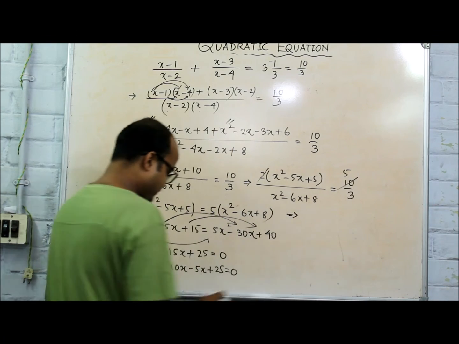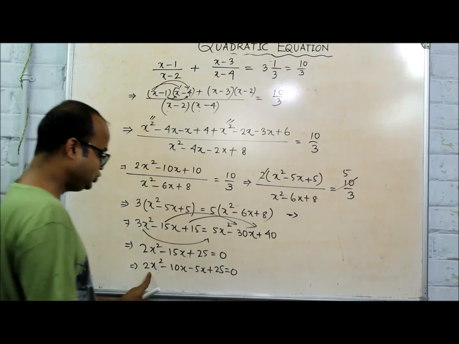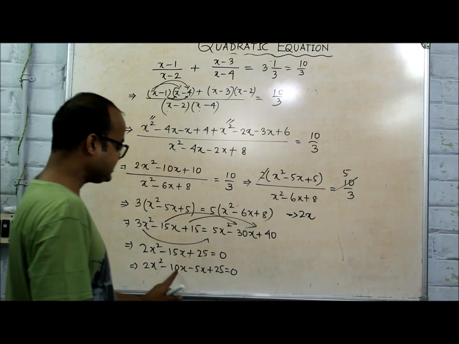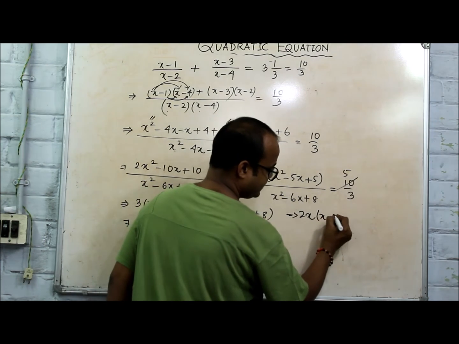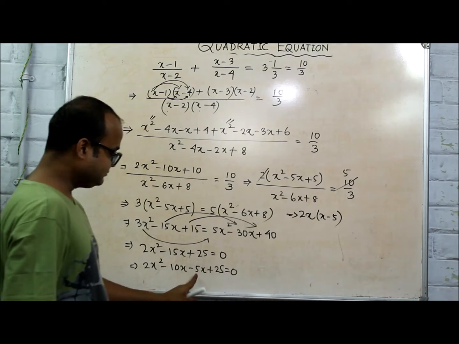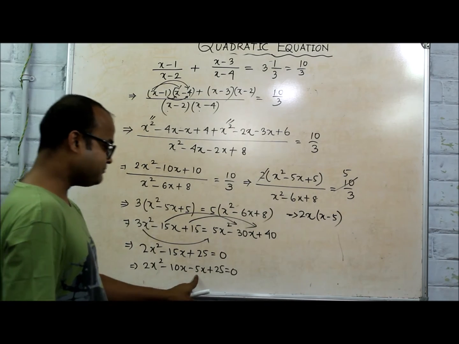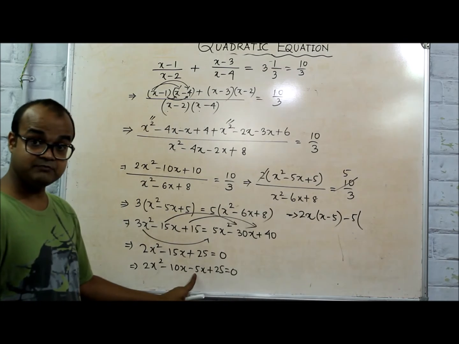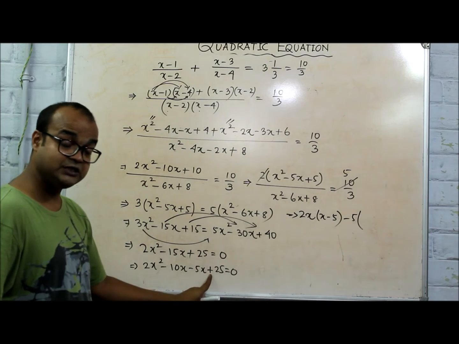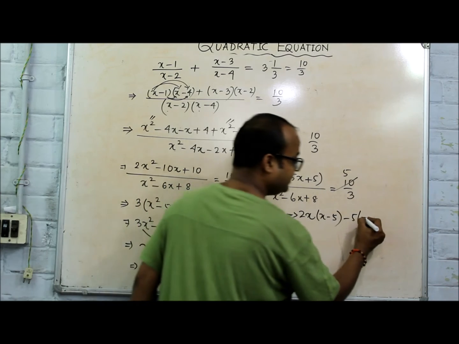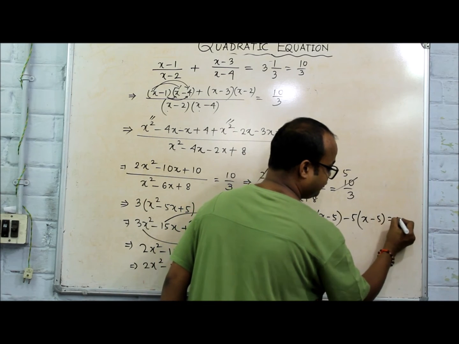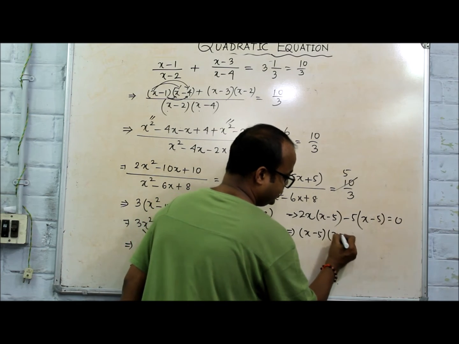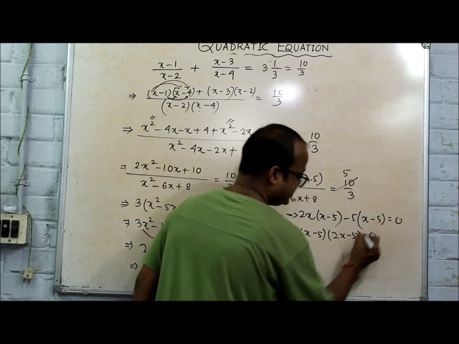From the first two terms we can take 2x common, so that will become x minus 5, and from the last two we can take minus 5 common. See, here I am taking minus 5 common, so this will change its sign. It will become x minus 5 is equal to 0. So (x minus 5)(2x minus 5) is equal to 0.